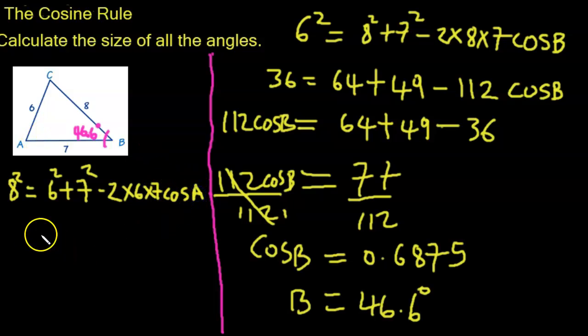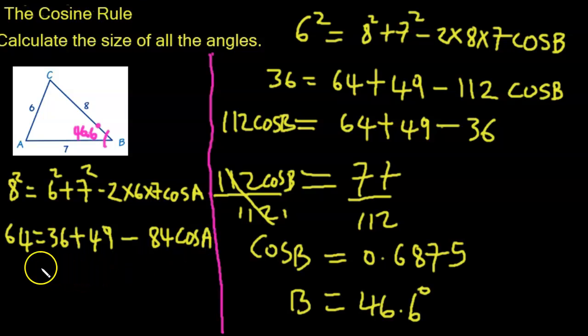Alright, let's do some calculation now. 8 squared, 64. 6 squared, 36. 7 squared, 49. And 2 times 6 times 7. Well, 6 times 7 is what? 42. And you double 42, you get 84 cos A. So now we want the cos A, so we can group the cos A over here.